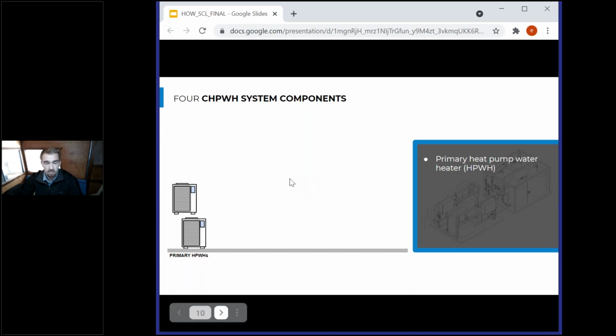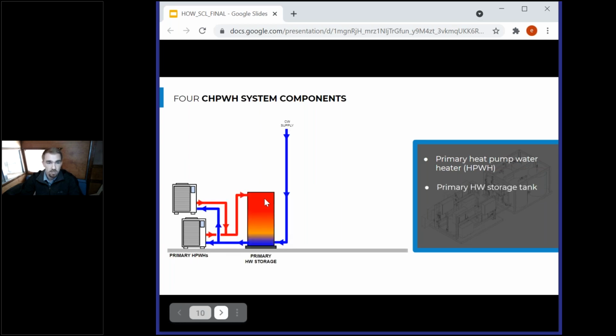So that's going to be the primary focus here. And then the primary storage is what is paired with this heat pump water heater. And the storage offers hot water storage, of course, but there's a couple of auxiliary functions that we'll go over that really help it be more in tune with the heat pump water heater to efficiently heat this water.